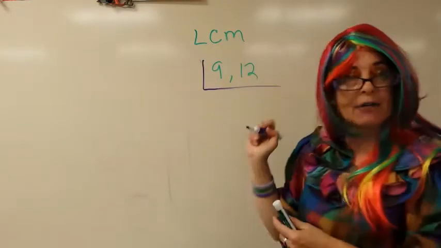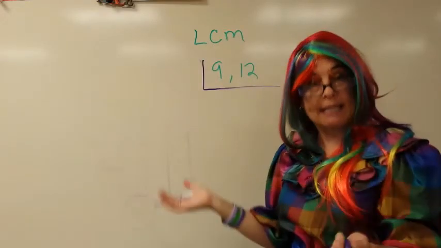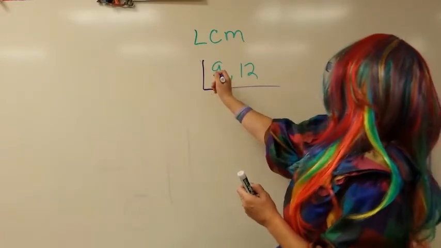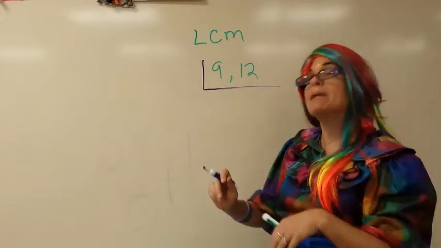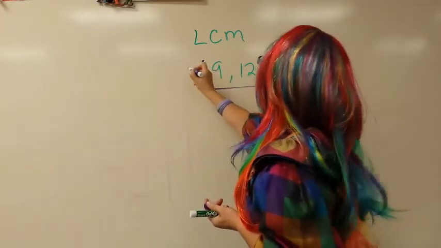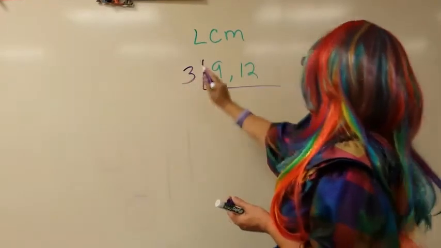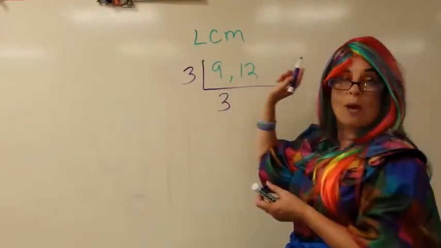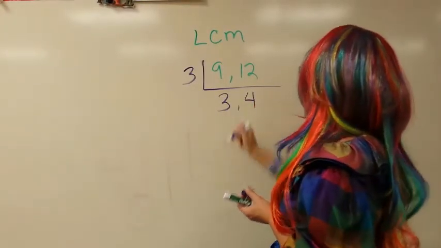If I make my ladder, I ask myself, what number can go into both 9 and 12? If we know our divisibility rules, we know that 3 can go into 9 and 12. So I put my 3 out here. 3 goes into 9 3 times. 3 goes into 12 4 times.